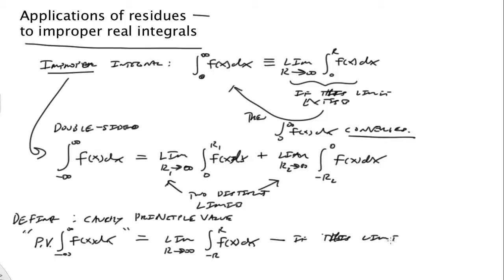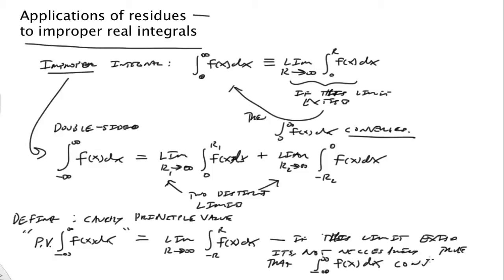And I should say if this limit exists, it's not necessarily true that the integral of f of x over the reals converges. And so we can give some examples of that.